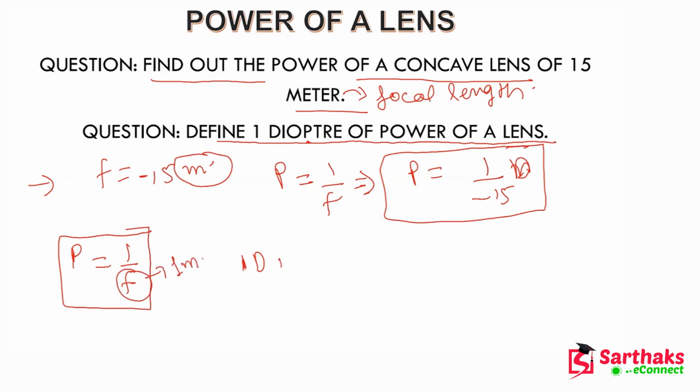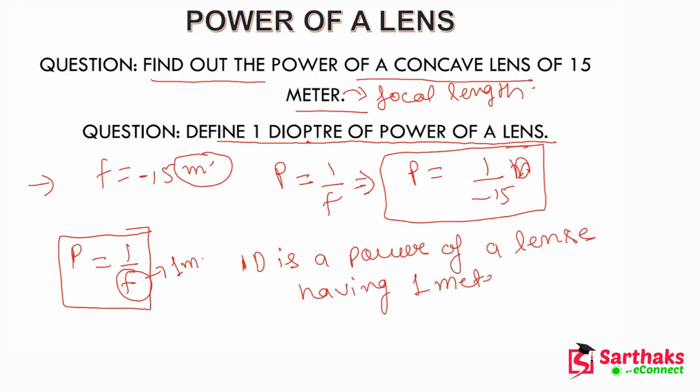That 1 diopter is the power of a lens having 1 meter focal length. Okay, and because this focal length is positive, it is the power of a convex lens. I hope guys you got my point.